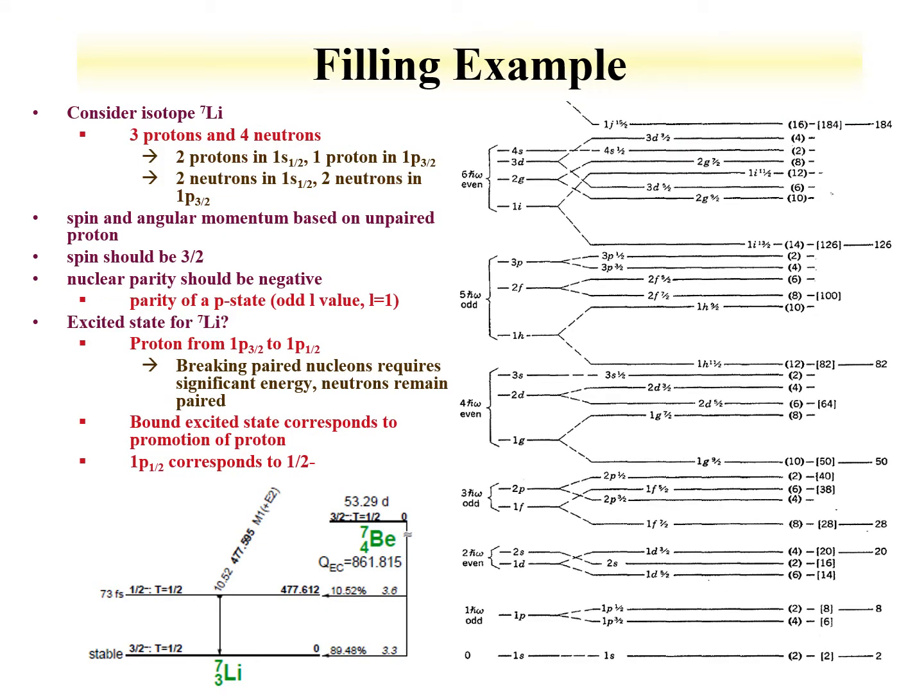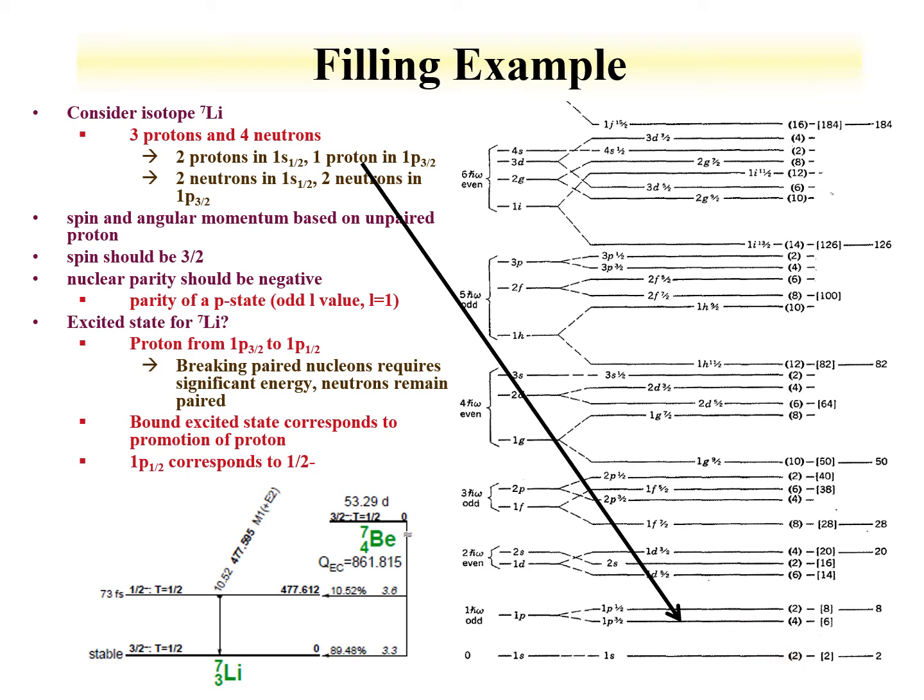Let's consider lithium 7. 3 protons, 4 neutrons. The proton number is odd, so the odd proton is going to define the behavior of the nucleus. And we see that this one unpaired proton, the 3rd proton, lives in this 1p 3/2 level, right? Because I can put 2 protons here, the 3rd one is here.